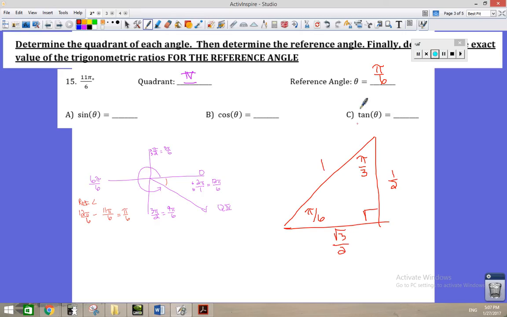So this is what we found theta to be. The sine of theta is 1/2, the cosine of theta is the square root of 3 over 2, and the tangent of theta is 1 over the square root of 3, but that rationalizes to square root 3 over 3. And we need to be able to do that quickly and efficiently.